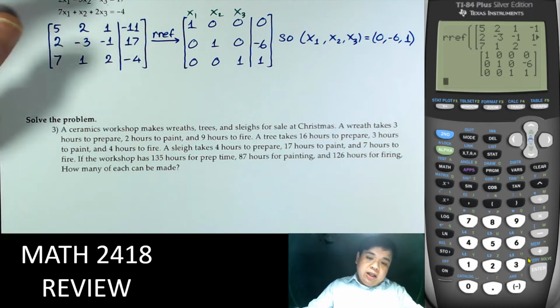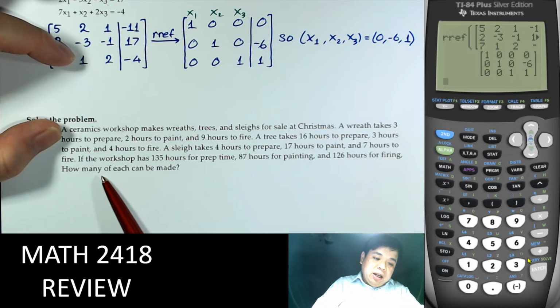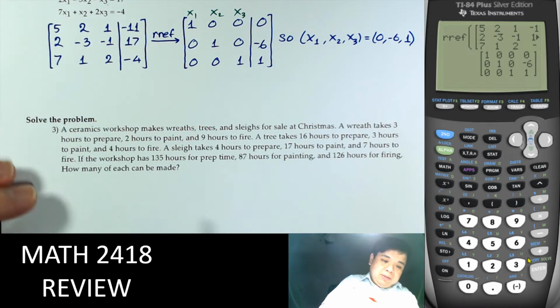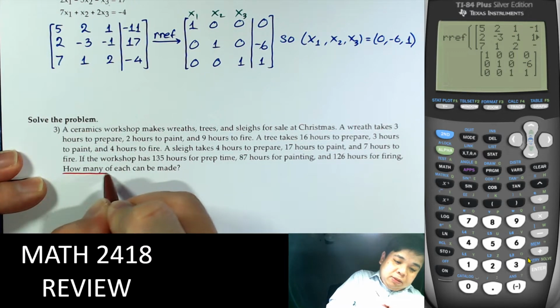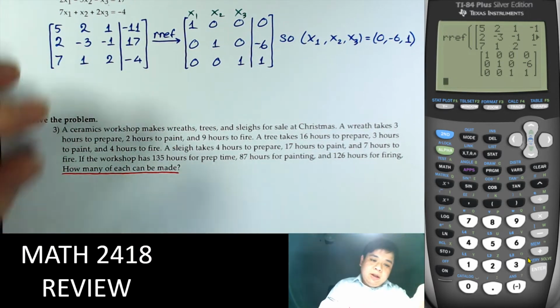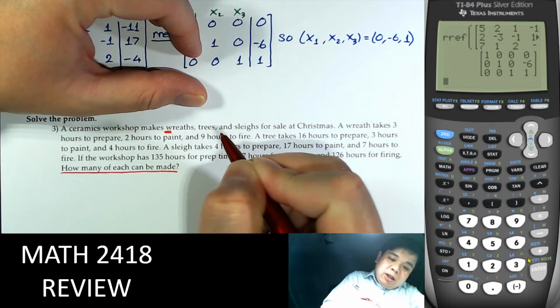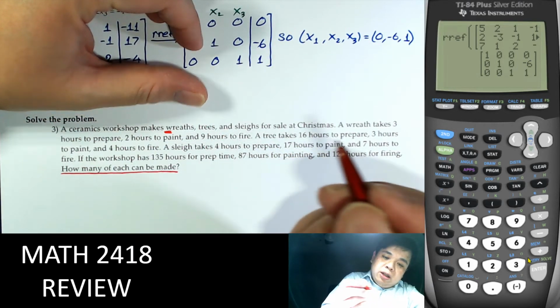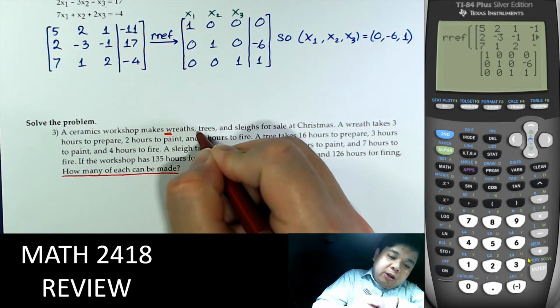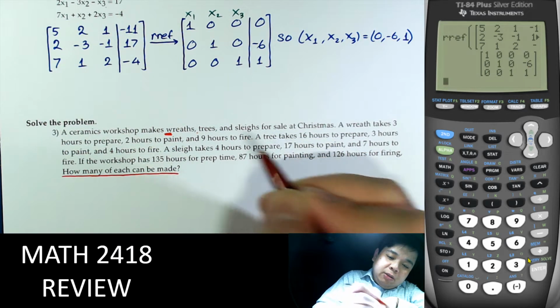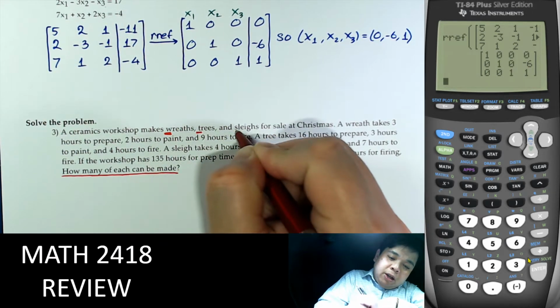The question here is how many of each can be made. So there are three types: bricks, trees, and slate.